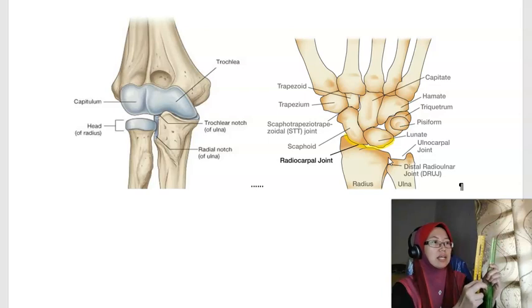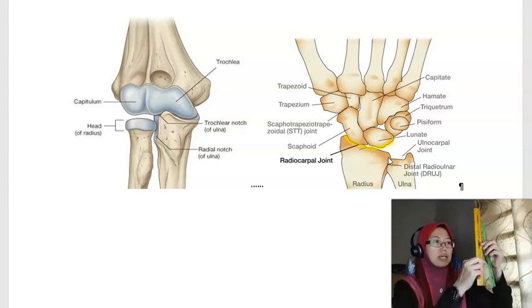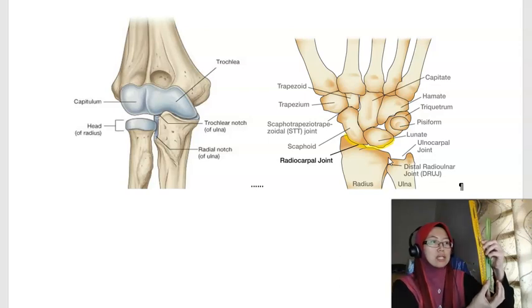The radial head makes a notch, forming the radial notch of ulna, and the small head of the ulna makes a notch in the distal end of the radius.